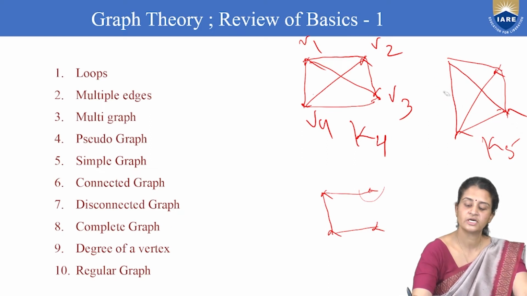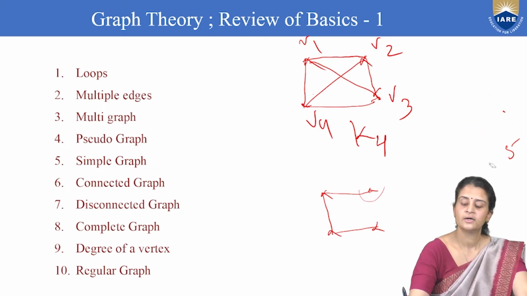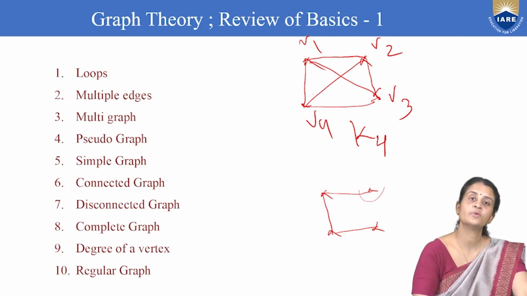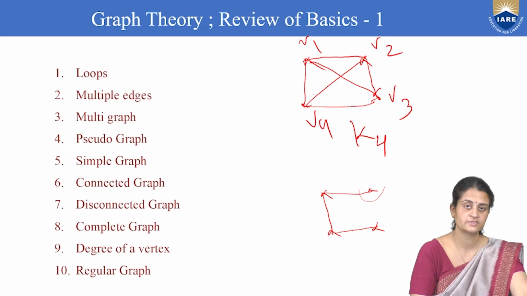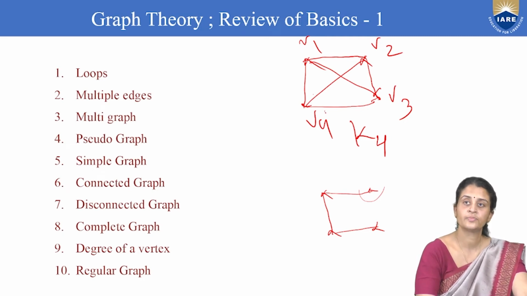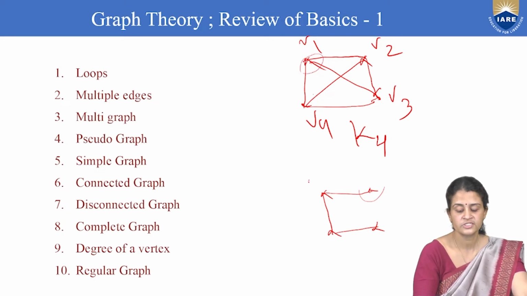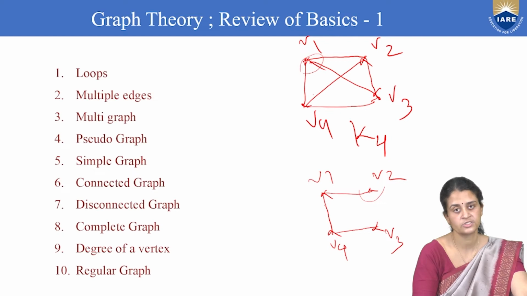Now we are going to the terminology. What is the degree of a vertex? Degree of a vertex means the number of edges incident to that vertex. Look at this figure. Here 3 edges are incident on V1. And here, if it is V1, V2, V3, V4, 2 edges are incident on V1.